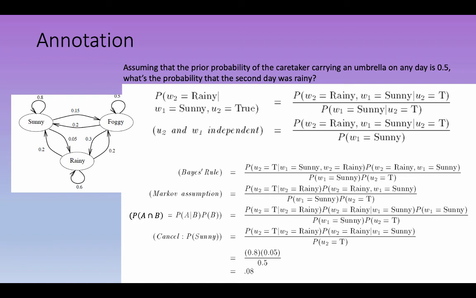What is the intersection between the probability that the second day is going to be rainy, given that tomorrow is sunny, and given that the caretaker is carrying an umbrella, divided by the probability that today is sunny, given that the caretaker is carrying an umbrella.